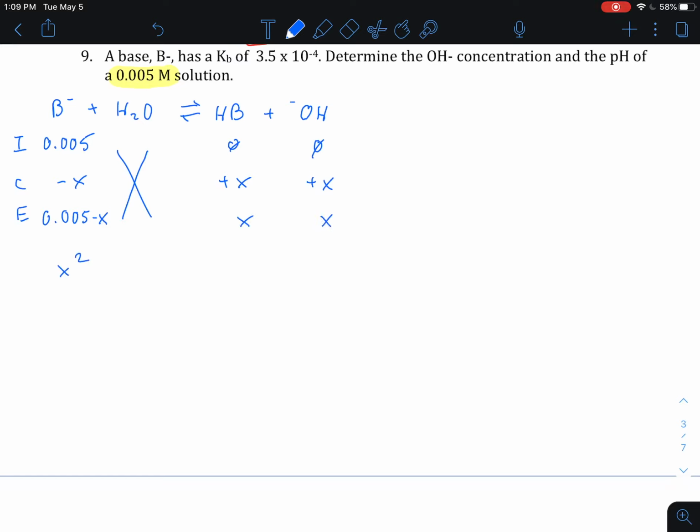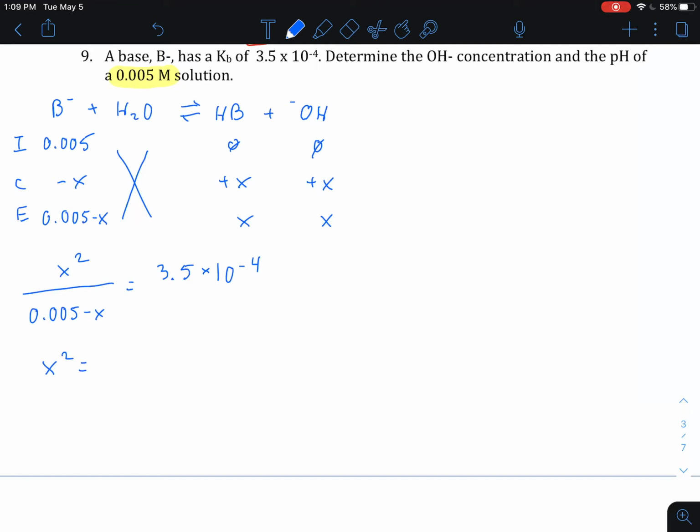So 0.005 minus x for the initial, and then x and x. So this will give me x squared over 0.005 minus x equals Kb, which is 3.5 times 10 to the negative 4.